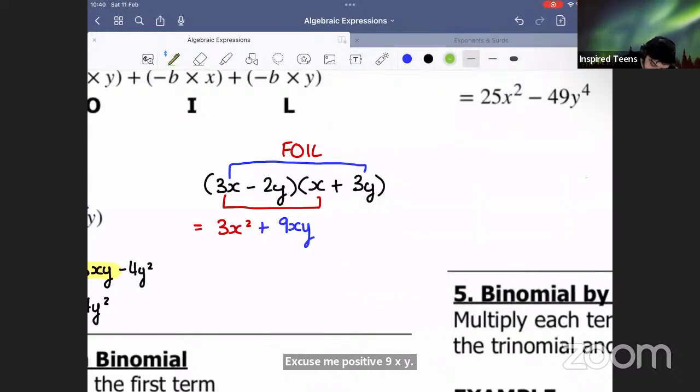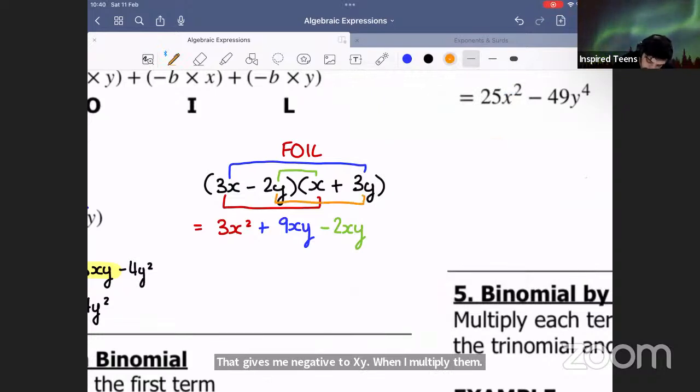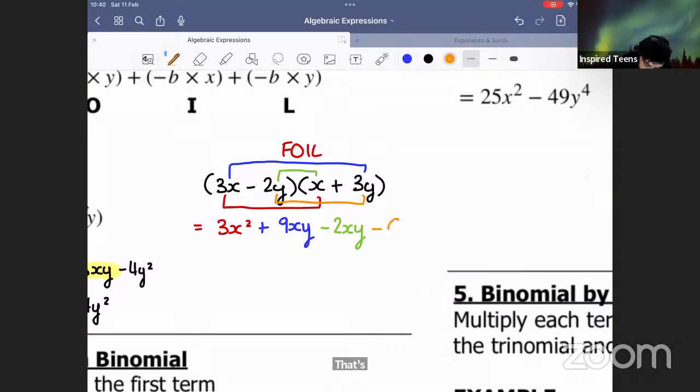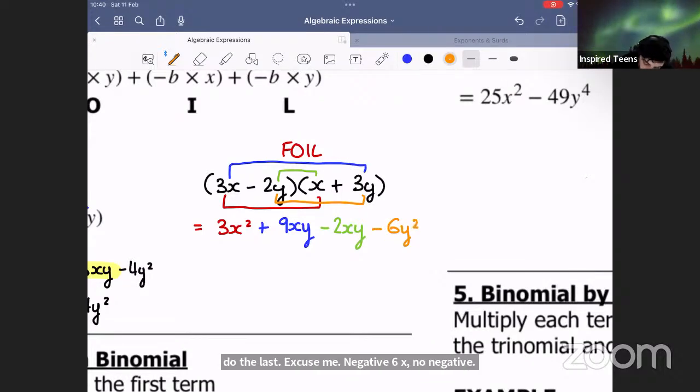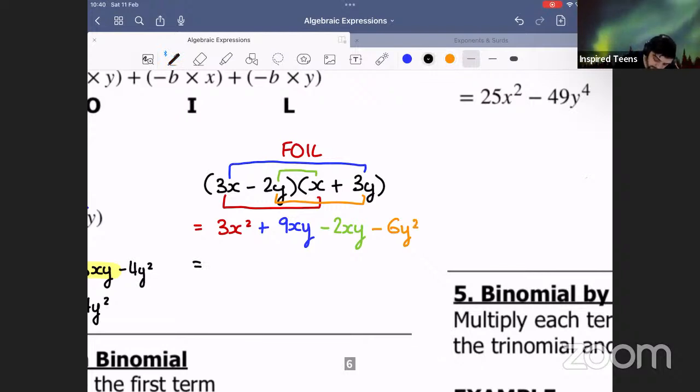Let's do the inner. That gives me negative 2xy when I multiply them. Let's do the last. That gives me negative 6y squared.